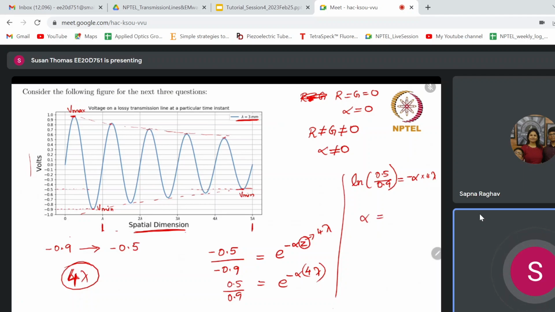Now can you calculate alpha? ln 0.5 by 0.9 divided by, there is a negative sign, by 4 into lambda, which is 3 millimeters, 3 into 10 power minus 3. Is it possible? Can you quickly calculate?